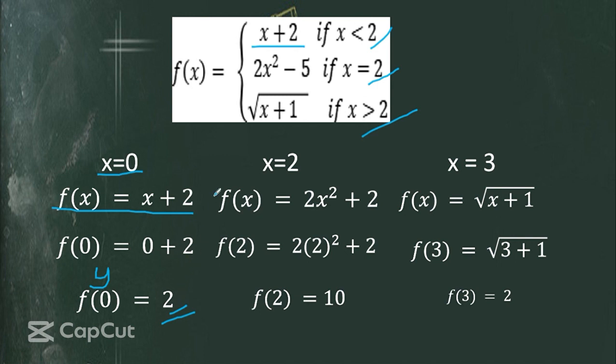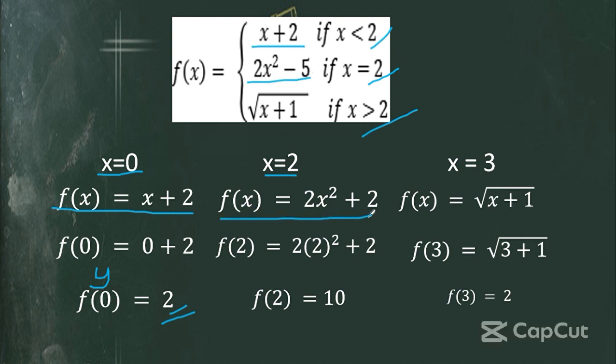Okay? How about if we have 2? X is equal to 2. Which interval does it belong to? In the second sub-function. That is why I use f of x equal to 2x squared plus 2.